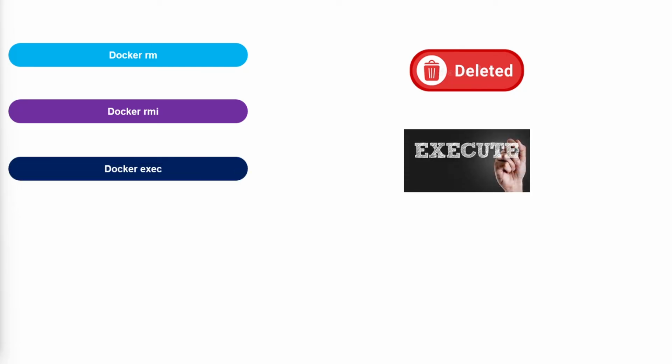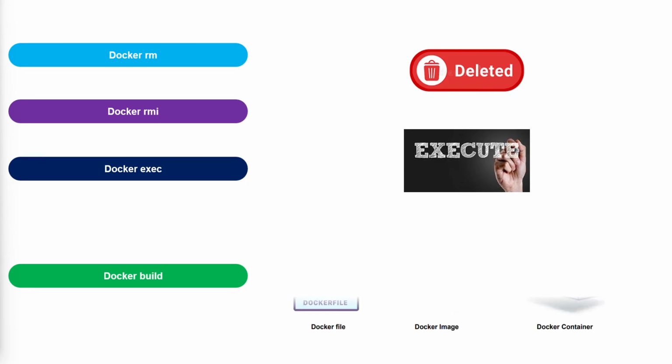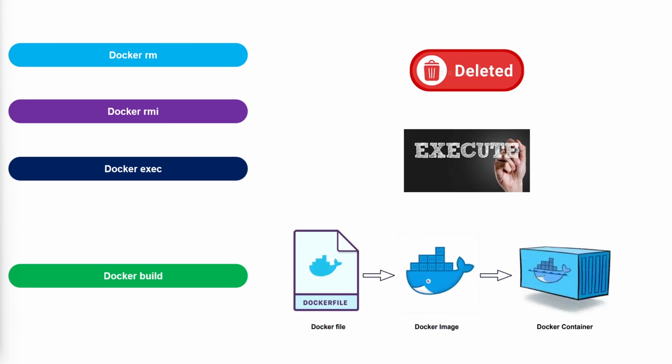You have docker exec. Docker exec means execute a command inside of your container. You have docker build. Docker build means create your own Dockerfile into an image and make the container for you. Every time you can pull your own container from the Docker Hub repository and use that one. We will go on with docker build and docker exec later.